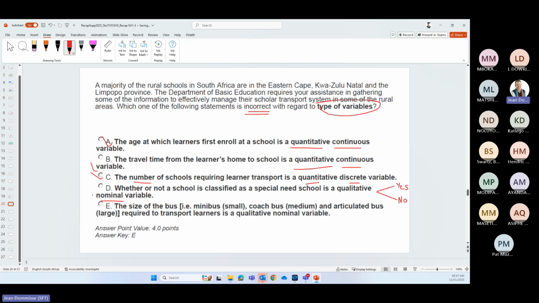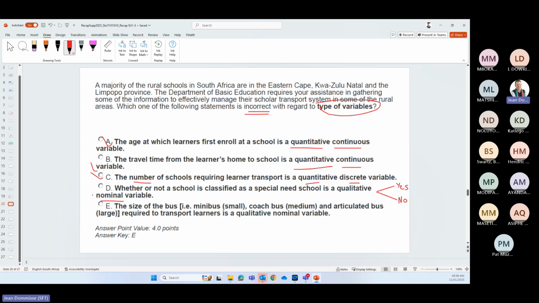It's different if there were different classifications in special needs. So if it was people that are in wheelchairs, or students or scholars that are deaf, or blind or something like that, then it's different types of classifications.